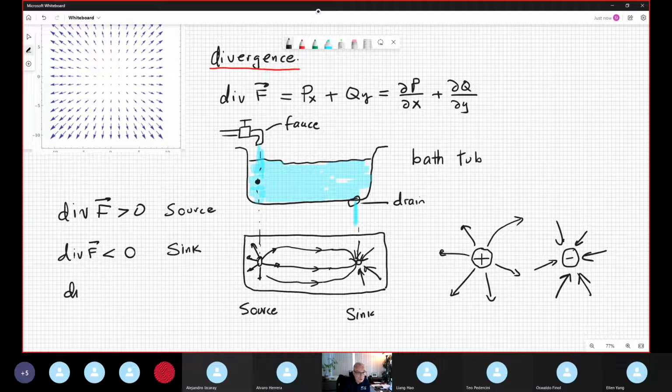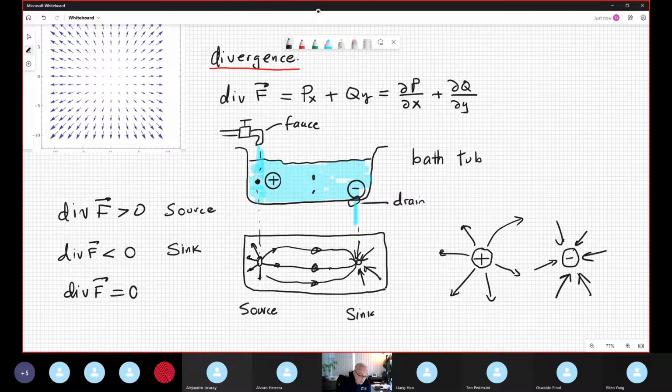And when the divergence is 0, it frequently happens. For example, in this point, and this point, and this point, we have no source and no sink. At that point, we have a source. And at this point, the divergence is negative. Here, positive, sorry. This is negative, and this is 0.